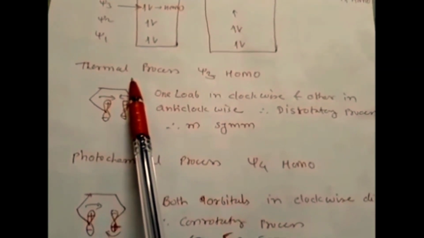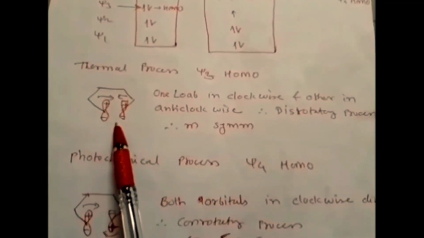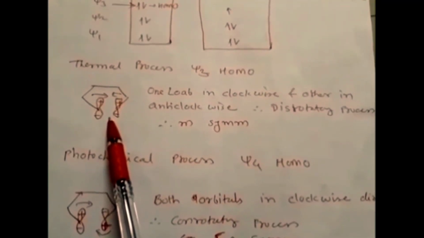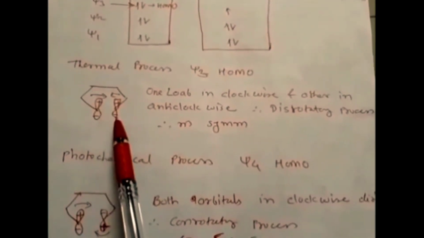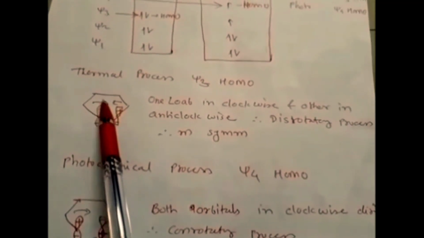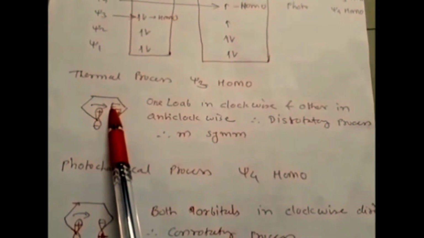Now here, in case of thermal process, Psi3 is HOMO and its structure is like this. Refer to part 2 of this pericyclic reaction. Now see here, in order to match positive signs, I have to rotate this orbital in clockwise direction, whereas this orbital in the anti-clockwise direction.